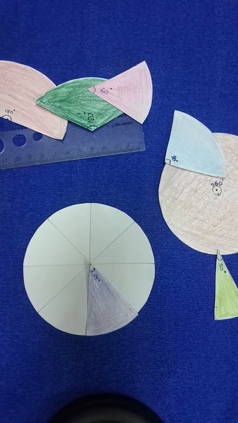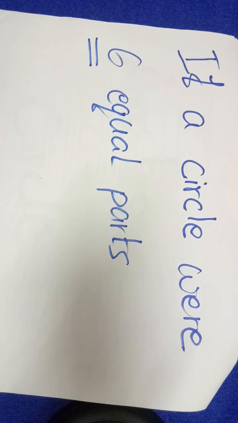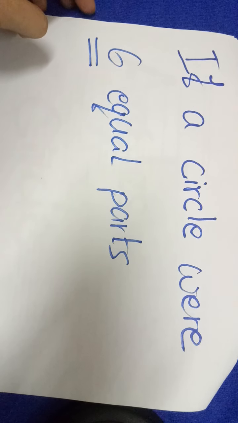Okay, so let's go to another question. What if a circle were 6 equal parts? You may need 6 equal parts in a circle. So let's draw it.